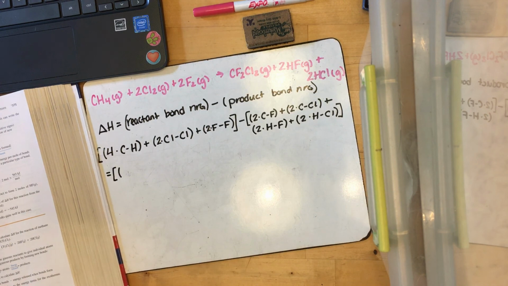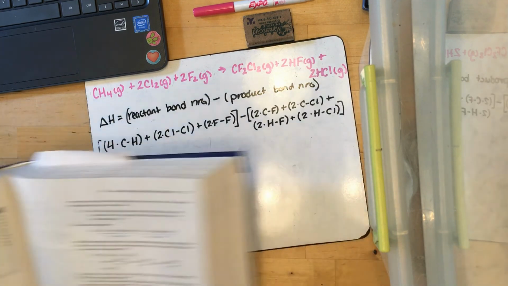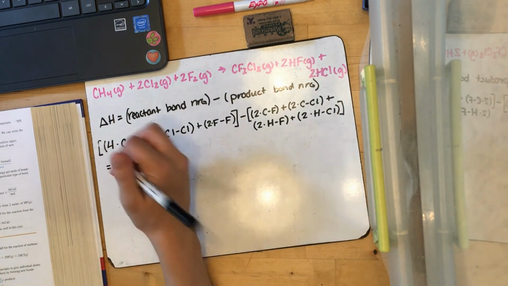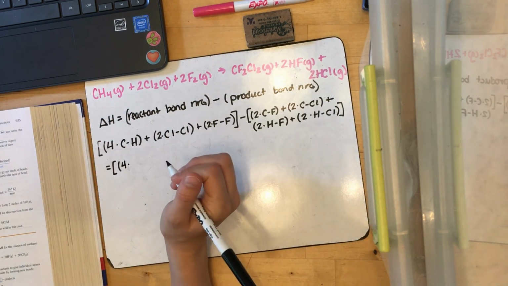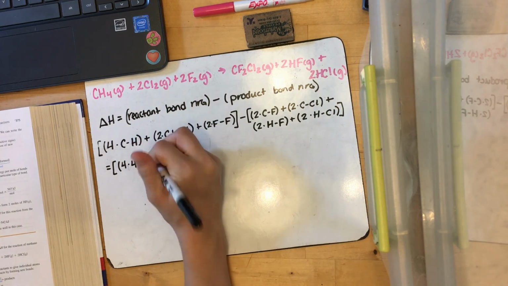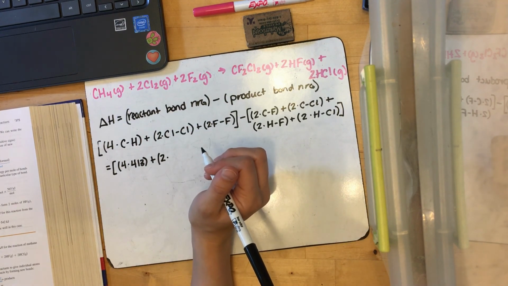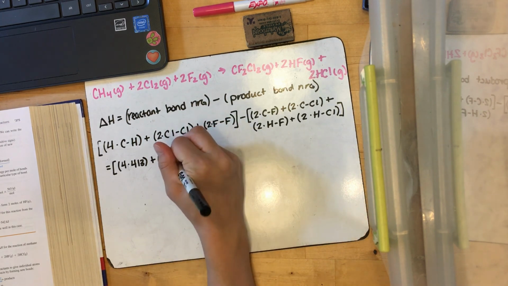Then we can look in our book to find the values. On page 374 we have this list, so we just look up each of these bond types. For CH, it is 413. For chlorine-chlorine, it is 239.